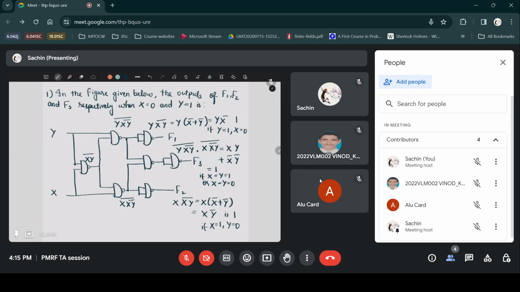So in the figure given below, the outputs of F1, F2 and F3 respectively when x is equal to 0 and y is equal to 1 are. That is the question, and the circuit is given there. So from the lecture, you can see the working of the circuit. The circuit is a magnitude comparator circuit for a single bit inputs.